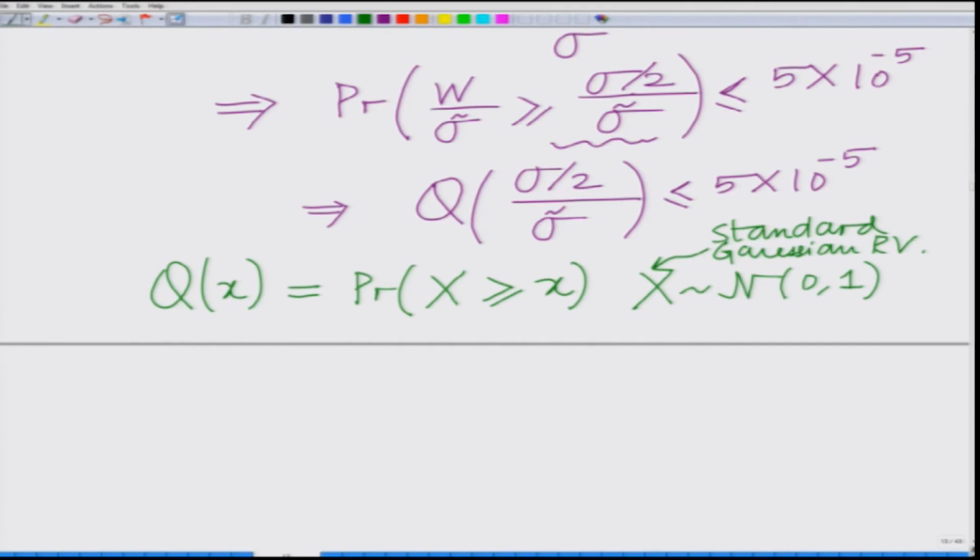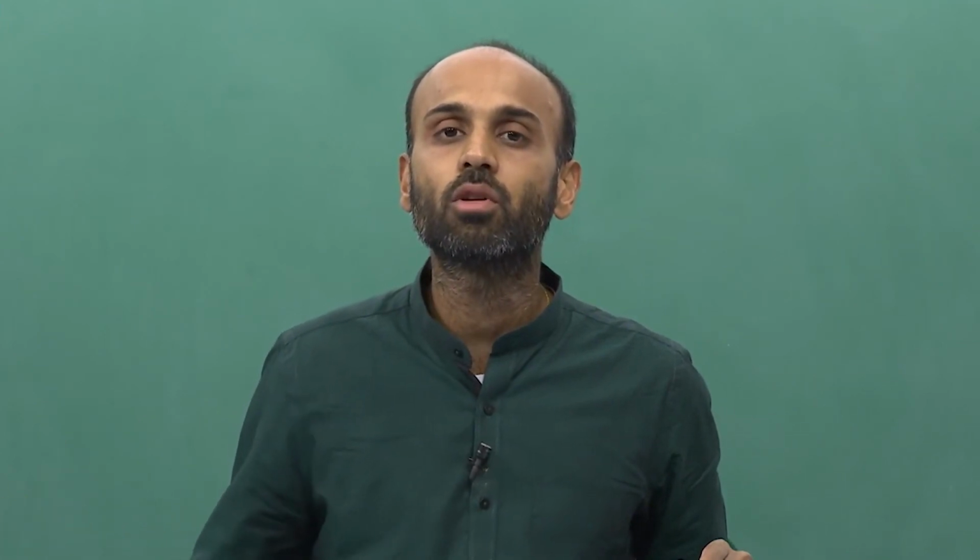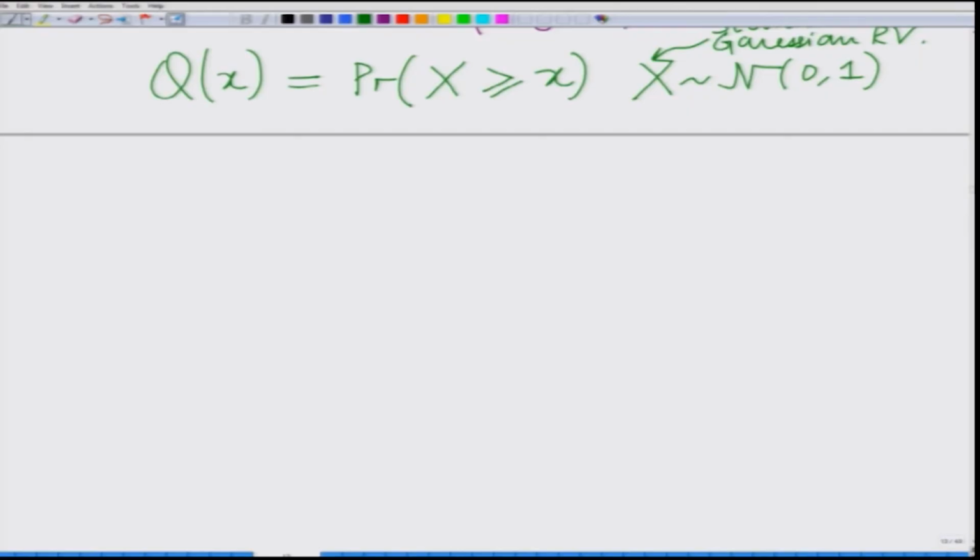So, we are saying the probability that W divided by sigma tilde, which is a standard Gaussian random variable, is greater than or equal to sigma by 2 divided by sigma tilde, that is Q of sigma by 2 divided by sigma tilde. Therefore, we need this quantity Q of sigma by 2 divided by sigma tilde.